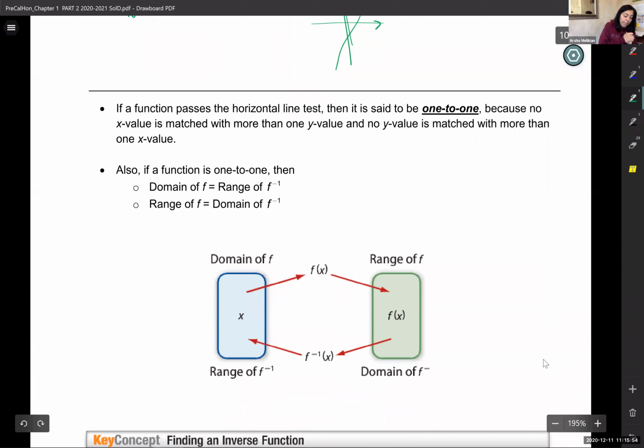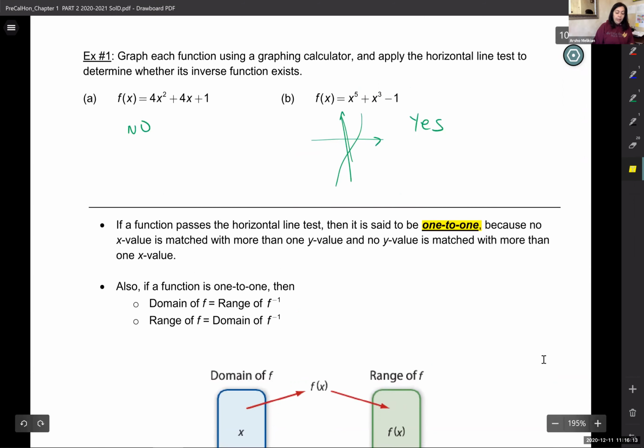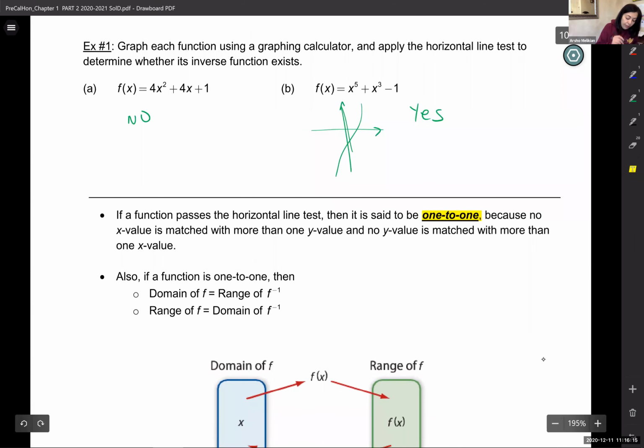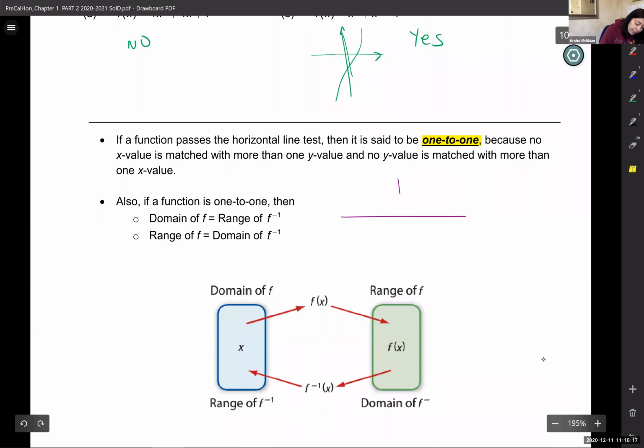Okay. Now, if the function passes the horizontal line test, so now we've got a cute little function that passed the horizontal line test, we say it's 1-to-1 because no x value has more than one y value. So for example, look at this.